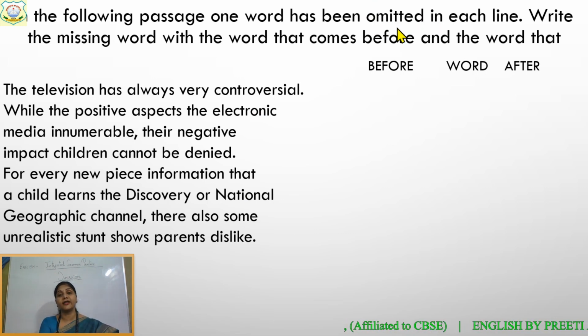Omitted means missing word. So one word is missing. What you have to do? You have to write the missing word with the word that comes before it and the word that comes after it.